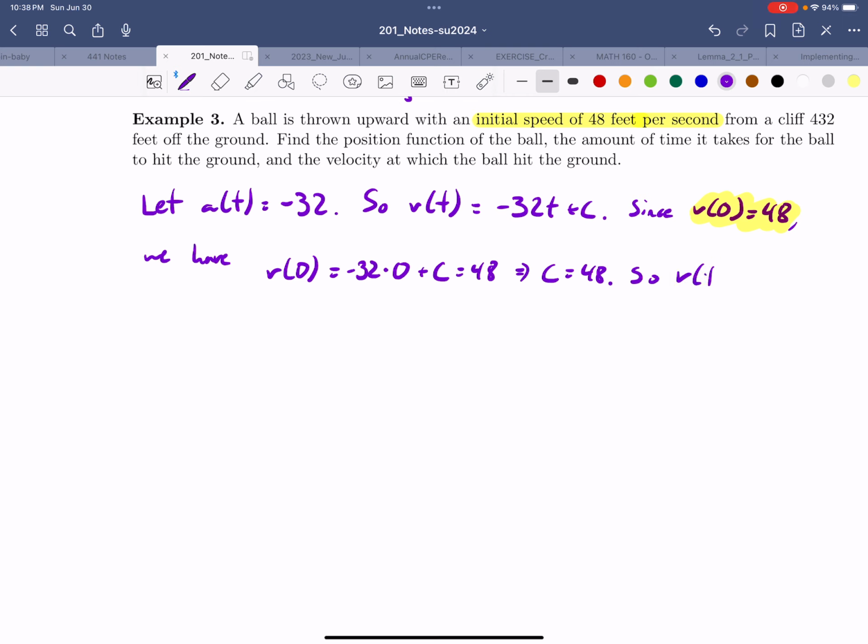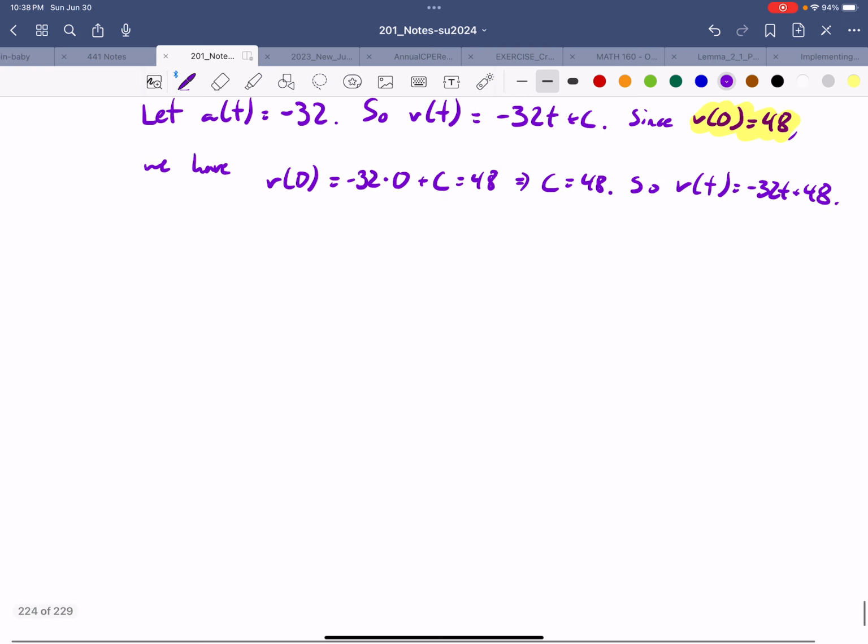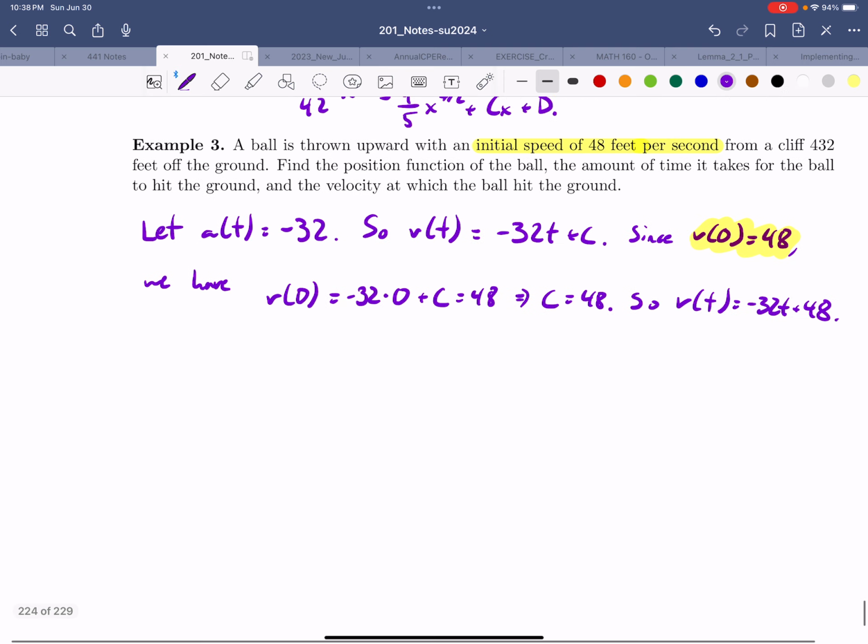So v of t equals negative 32t plus 48. Okay, so we've got that.